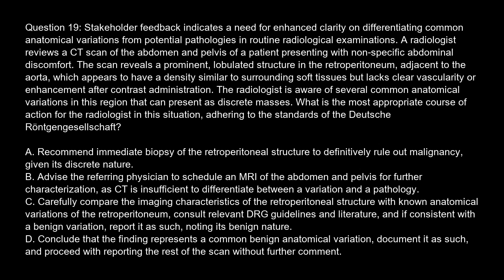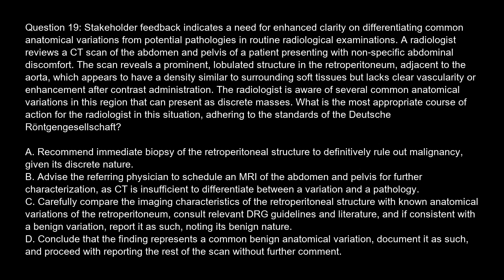Deutsche Röntgengesellschaft? Option A. Recommend immediate biopsy of the retroperitoneal structure to definitively rule out malignancy, given its discrete nature. Option B. Advise the referring physician to schedule an MRI of the abdomen and pelvis for further characterization, as CT is insufficient to differentiate between a variation and a pathology.